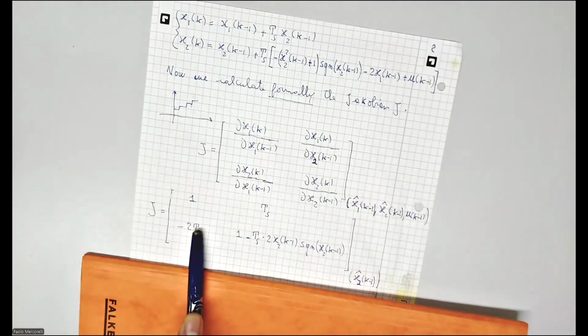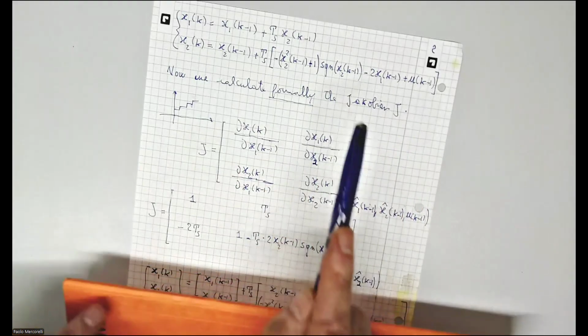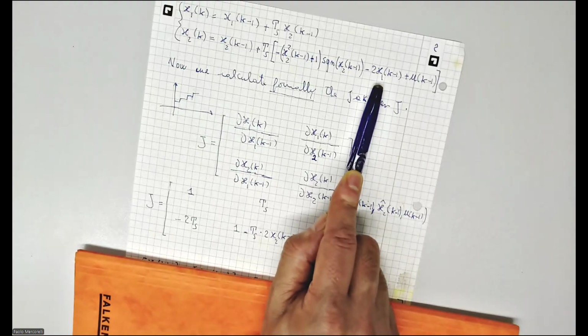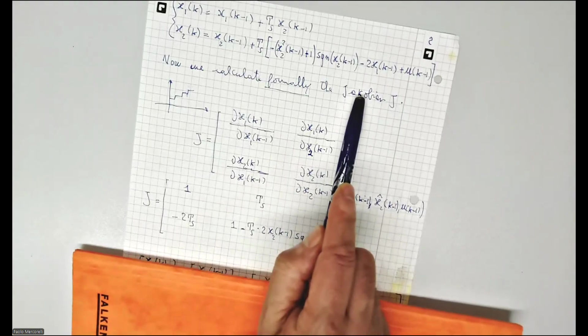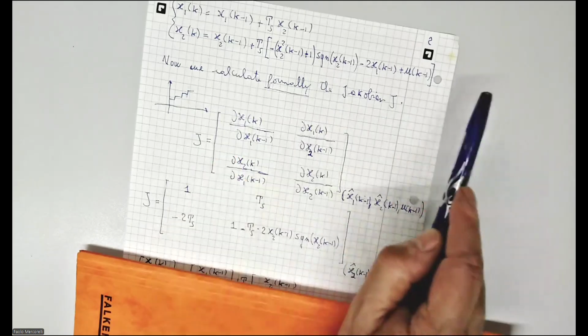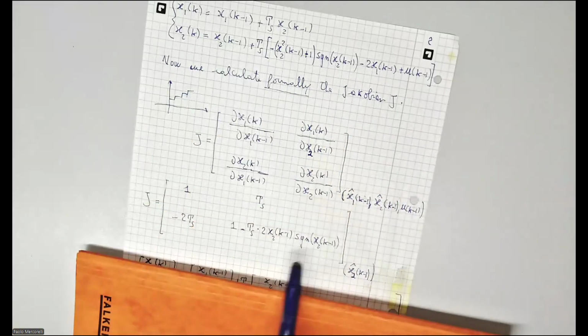We have 2 times ts. If I consider this equation here with respect to x1, why that? Because x1 appears linearly, and I have to multiply by ts, minus 2ts. I don't know if it's clear, this derivative is a partial derivative. The partial derivative of this line, of this component with respect to x2, is here.